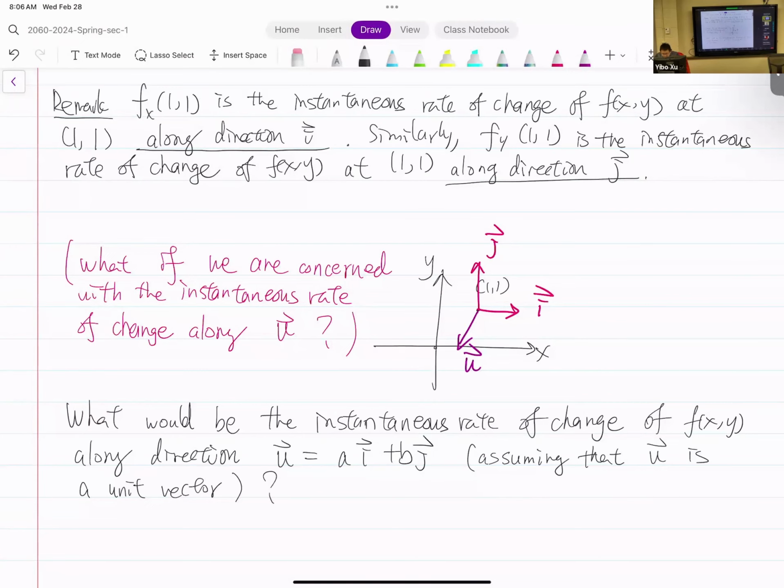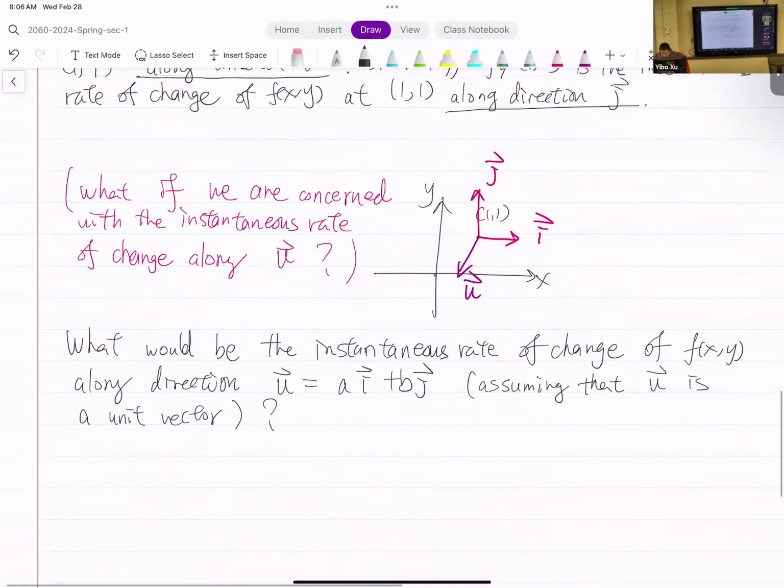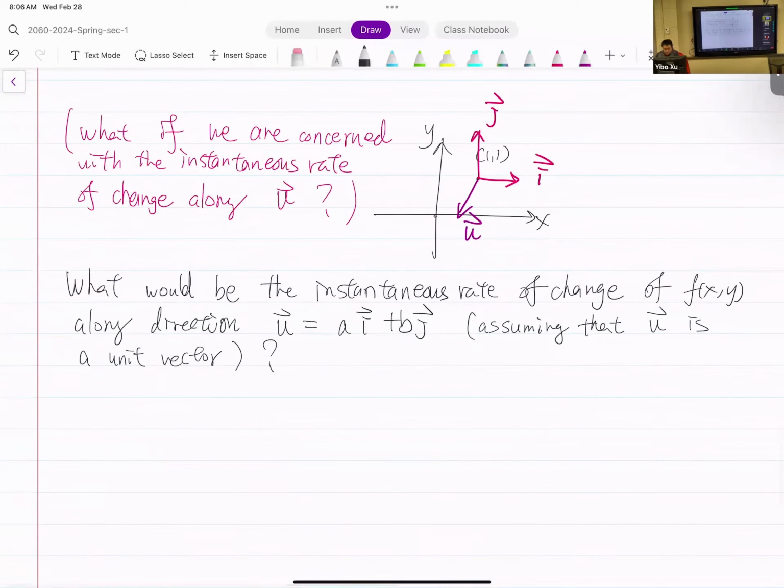So now instead of going along the direction i as in the previous analysis, now we are going along this direction, okay, a i plus b j. So still, this is the change in variables. And now we are changing both components, right? So let's say we start with 1, 1 again. So 1, 1 is the point that we start with. And then we go along this direction u with h units.